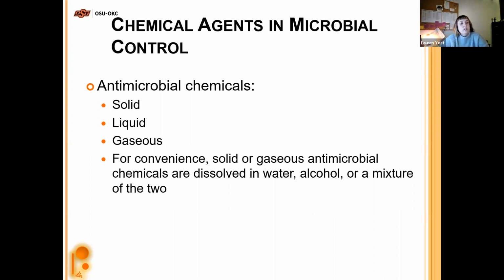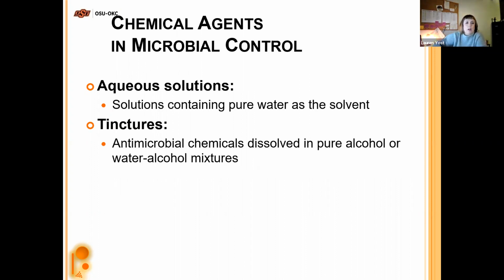Moving on to the chemicals. We have solid, liquid, gaseous. We can treat things with gas. I feel like some people forget about that, but there are a lot of different forms we can use.